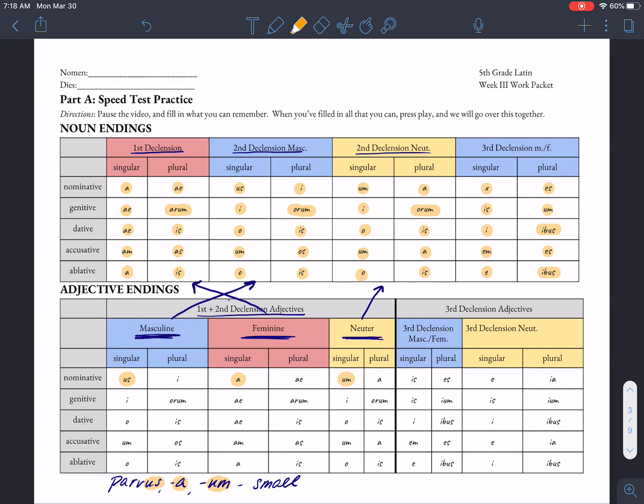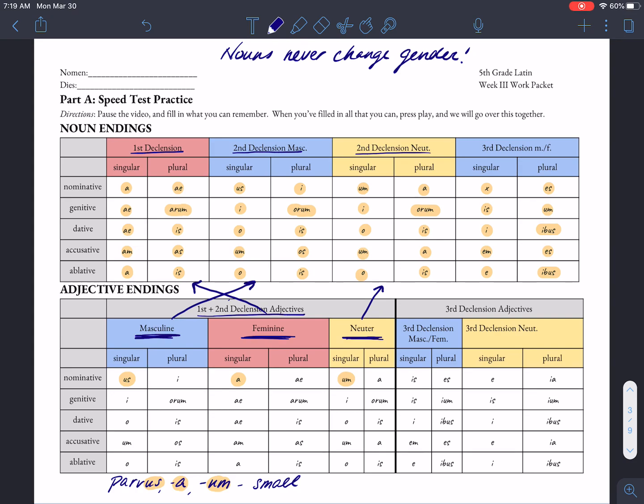So they list it this way because remember, nouns never change gender. Ever. That's a rule. Nouns never change gender. Once they're born, the noun remains that gender forever. That's just the way Latin works.